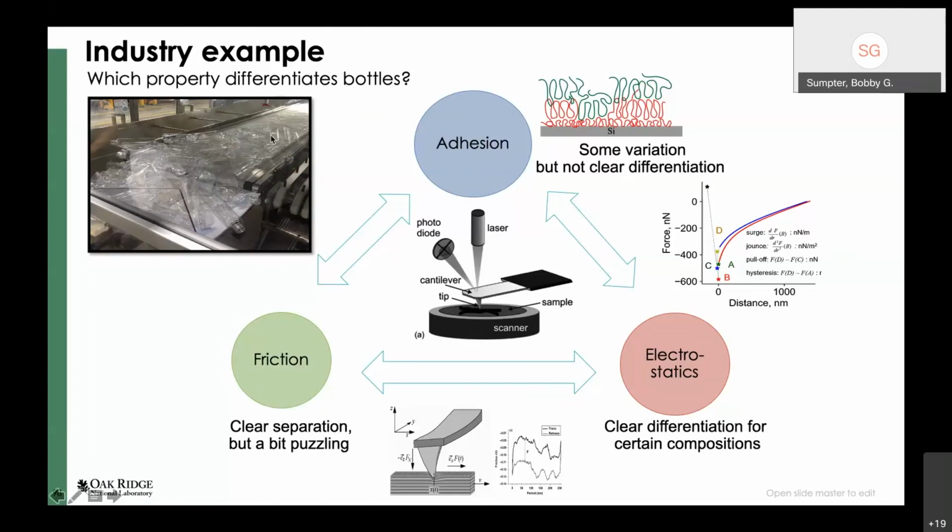The bottles themselves, which are made of plastic, were pulling a static charge, and when they pulled that static charge, they actually stuck together. And when they stuck together, the conveyor belt that was moving the bottles down to be filled jammed. So this is a really nice example of jamming behavior.